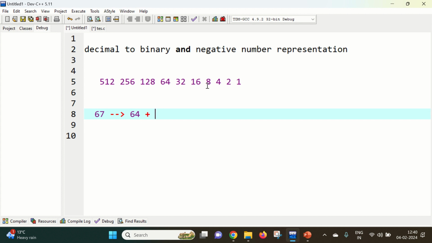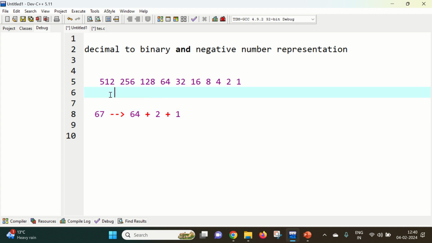If you add 16 or 8, it becomes more than 67. So to 64, first I am adding 2. 64 plus 2 becomes 66, and after that I am adding 1. So I represent the number 67 as a sum of these digits, starting with the maximum: 67 is 64 plus 2 plus 1.